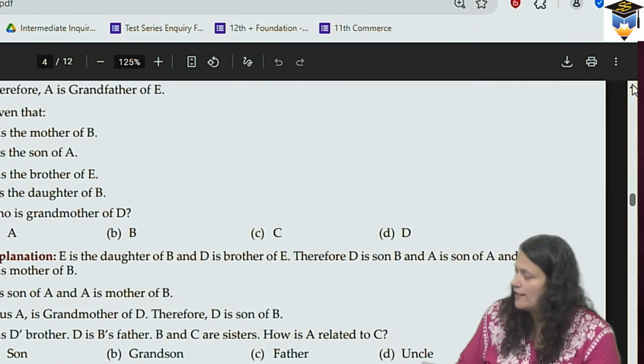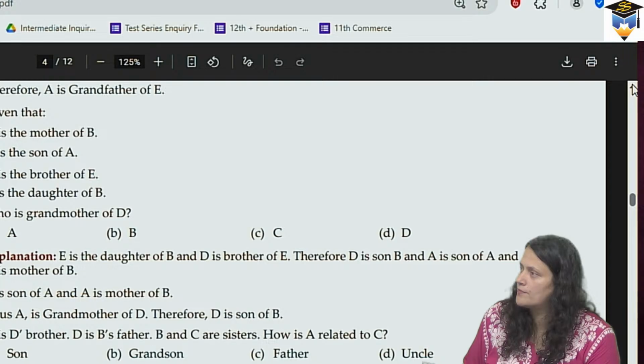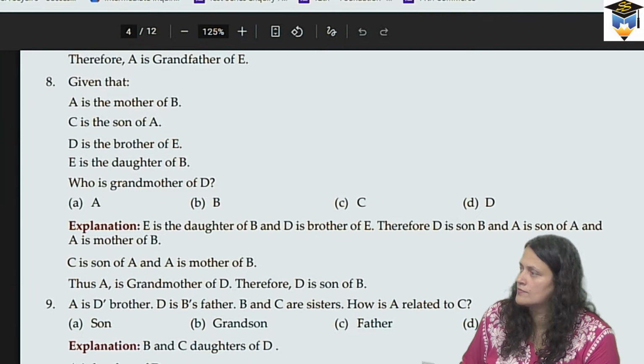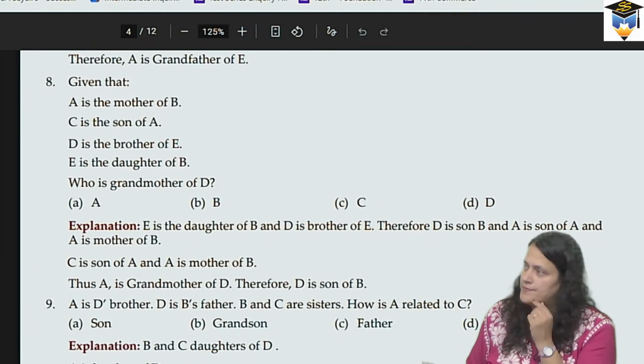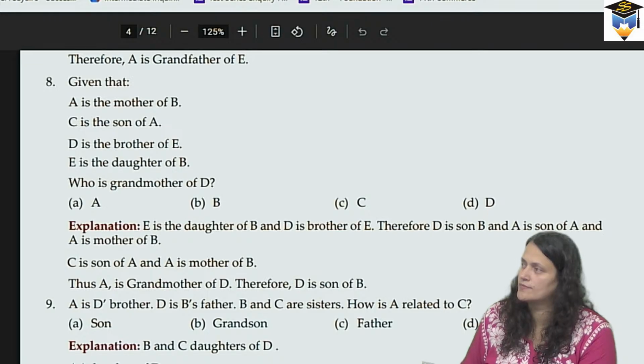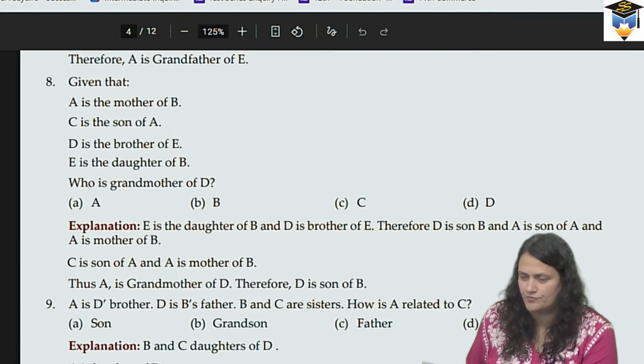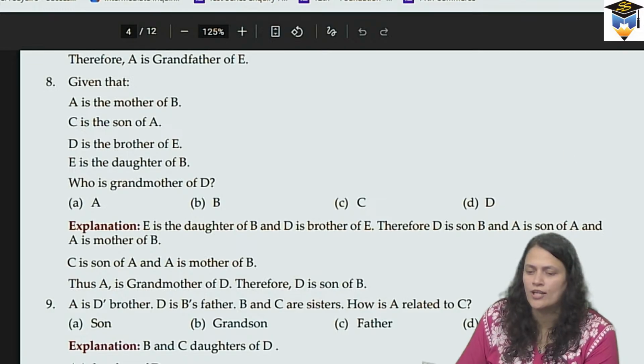Please complete this part and go through the solved examples once.